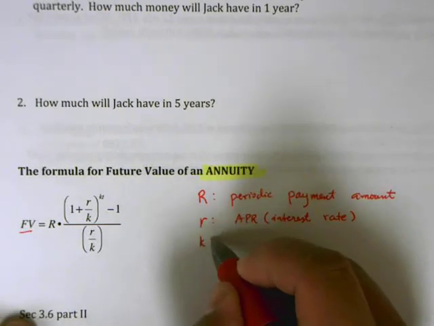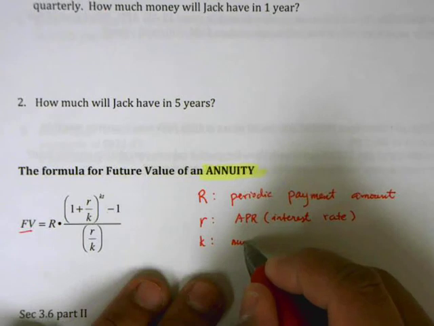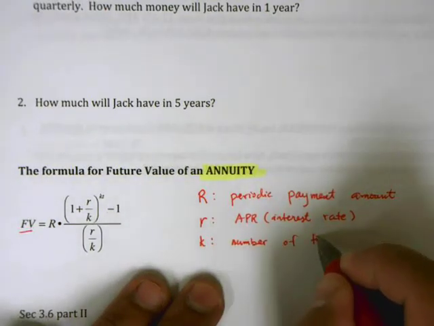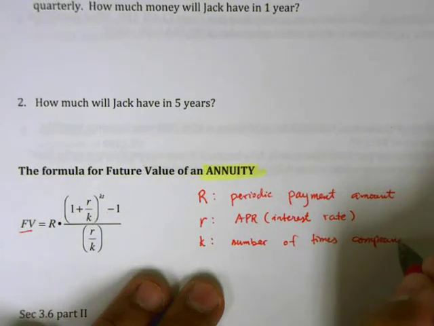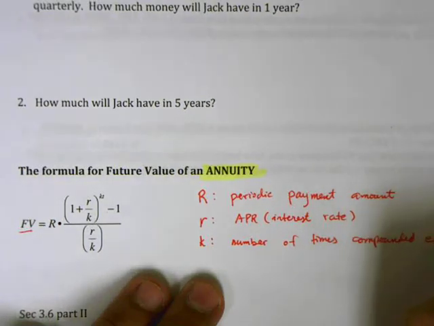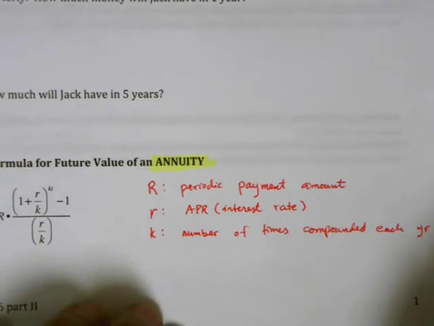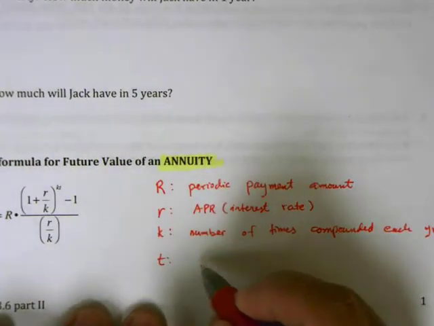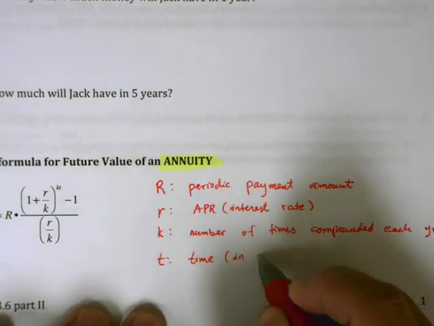K is the number of times compounded each year. And then finally T is the time in years.